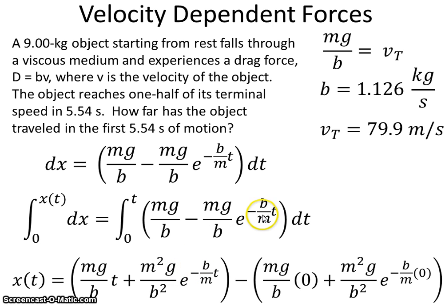And for this, remember that when you take the derivative of e to the t, it just becomes e to the t again. Well, this is e to the negative b over m times t, so I need to multiply the coefficient here by the reciprocal of the coefficient of the t. So that would be, instead of b over m, it's going to be negative m over b times the original coefficient, which gives me m squared g over b squared.